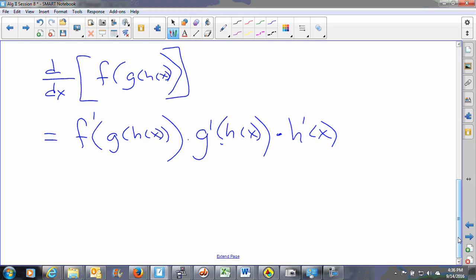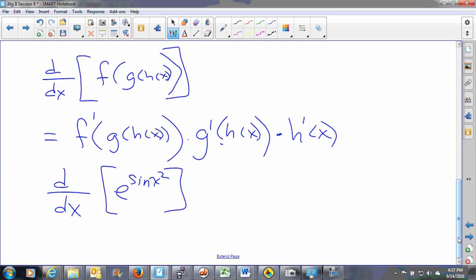I think I'm going to let you just kind of, well, maybe one more example. Let's do something like this. Let's take the derivative with respect to x of e raised to the sine of x squared. First of all, you kind of have to classify in your minds what is the outside function, what is the inside function.